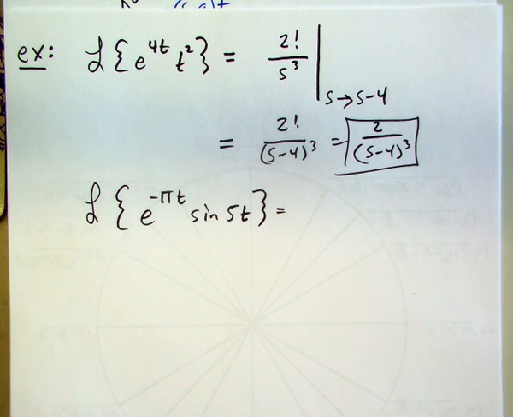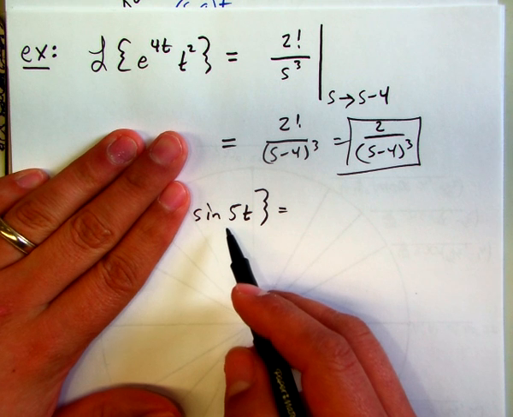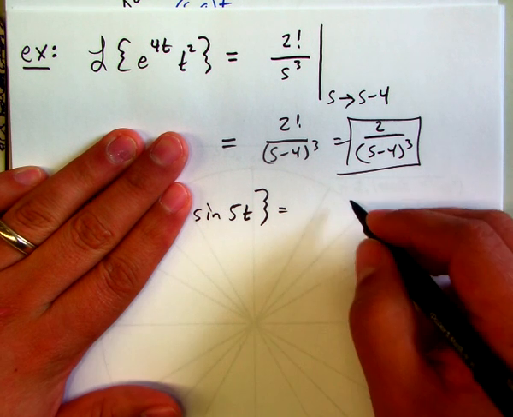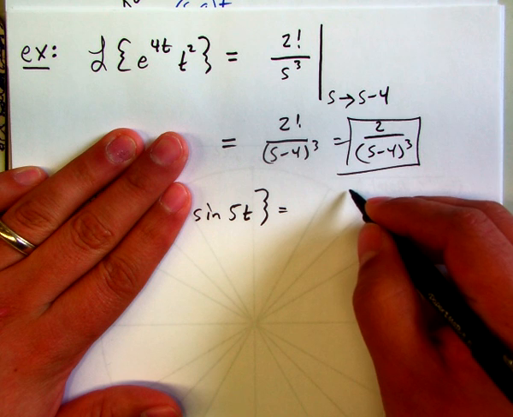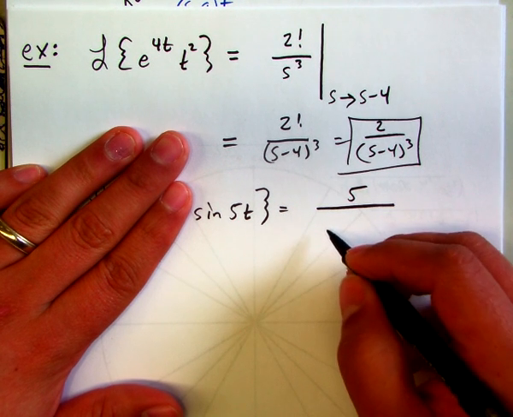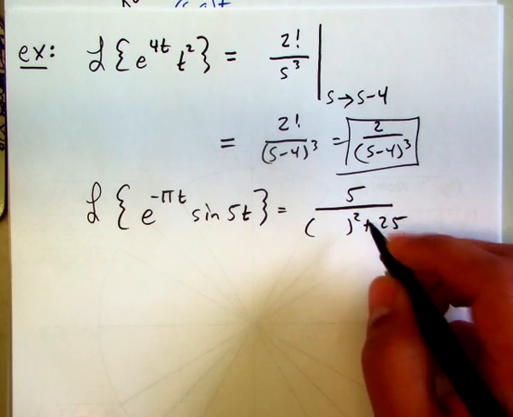So ignore the exponential for a second. If we're transforming sine of 5t, what is that? So, and now instead of s, s plus pi. Very good.